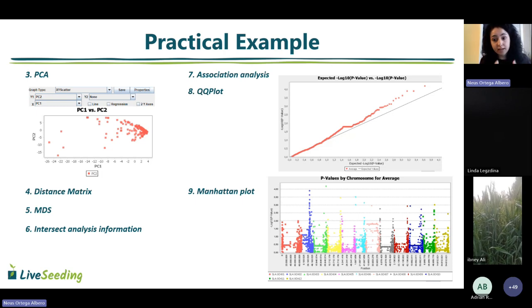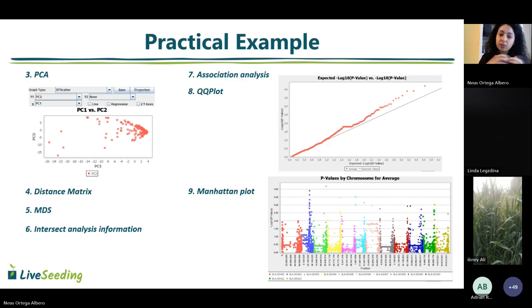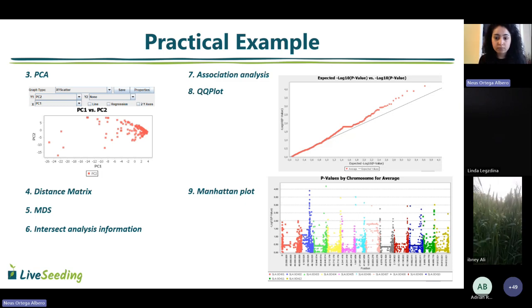What we would expect in the QQ plot, if some QTLs were associated with a trait, is that the QTLs go far from the expected values. In this last case, we saw that the tendency of the markers is to follow the expected values.